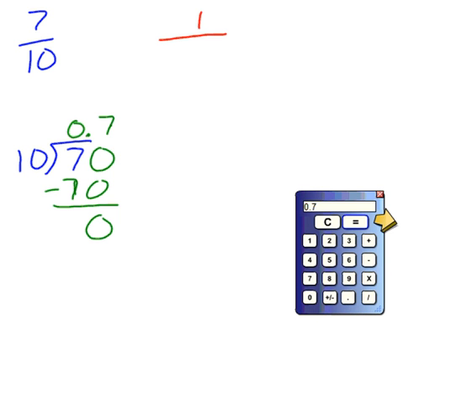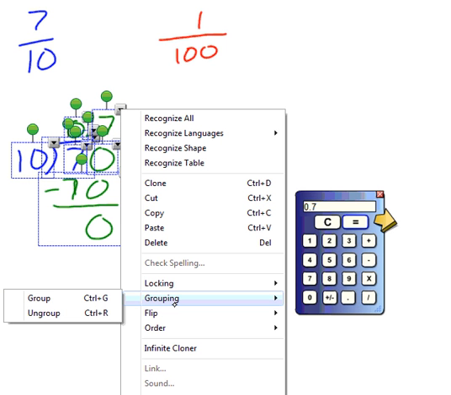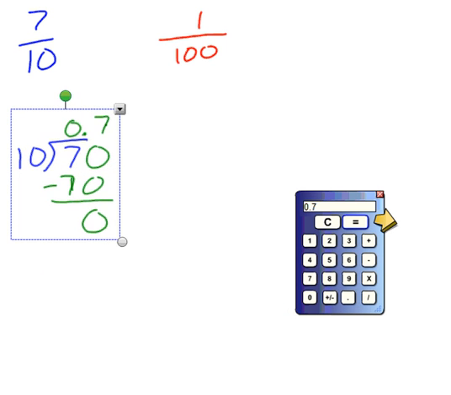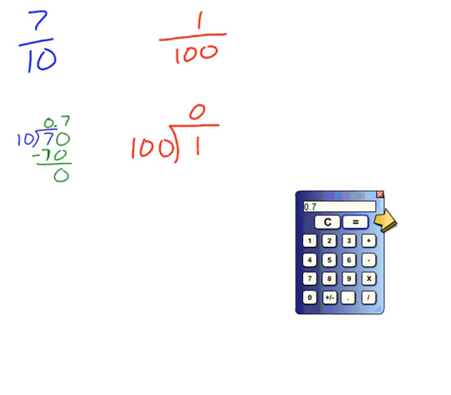1 over 100. If we're going to do 1 over 100, get this one out of our way. Once again, we need to write down this equation. Here's 1, and we're breaking it into 100 pieces. So how many times does 100 go into 1? We can say 0 times. So we can add another 0 if we add a decimal here.